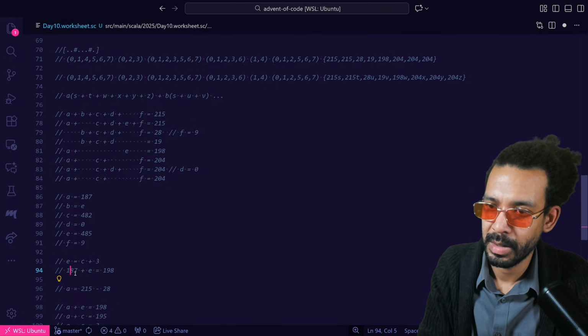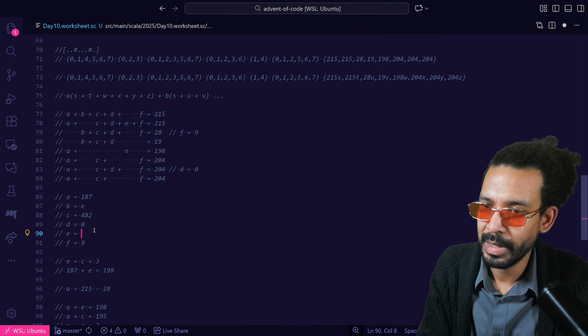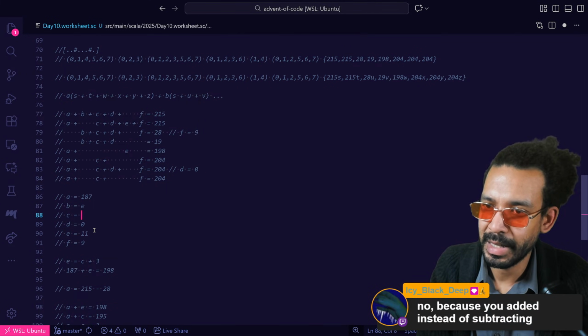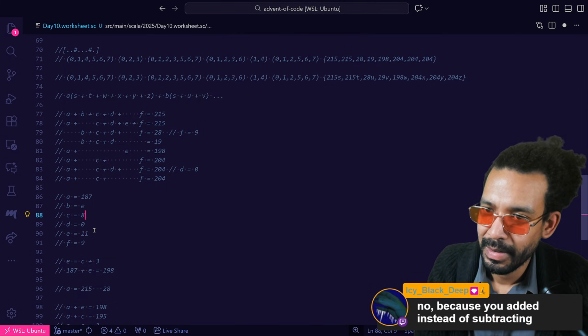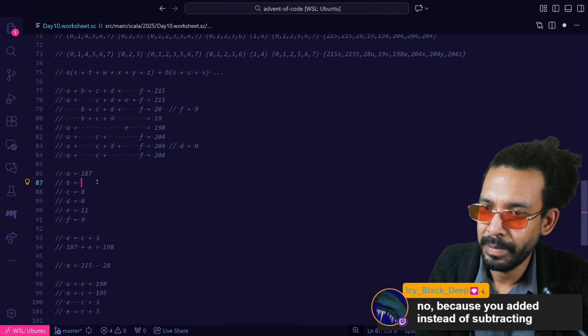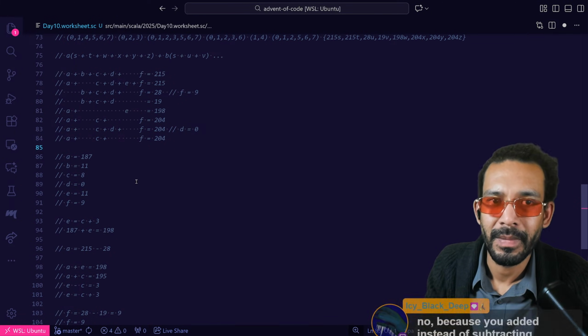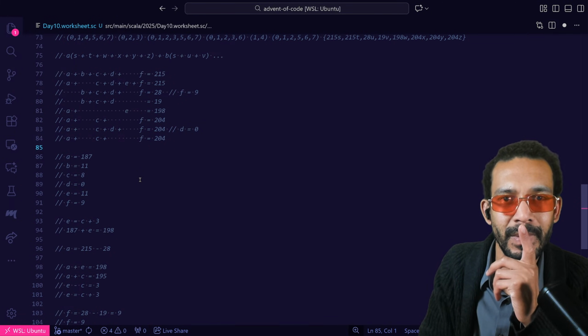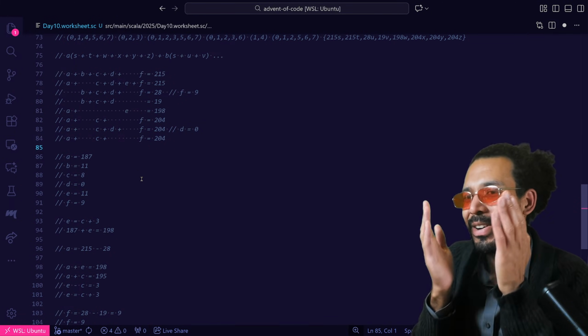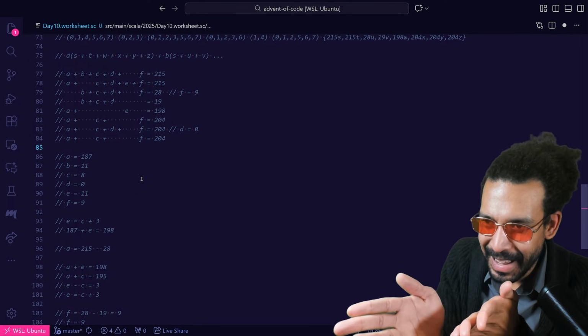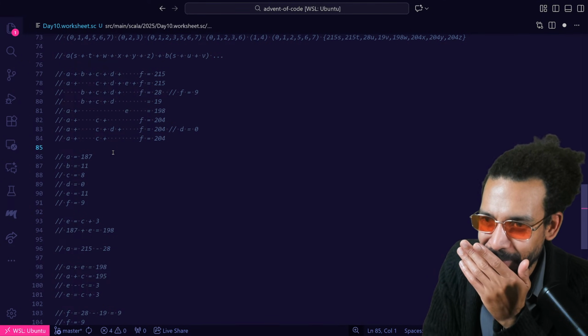Oh, so E is, what, 11? If E is 11, C is 8. Oh boy. And then B is also 11. Yeah, I added instead of subtracting. Okay. Does that math look correct now?